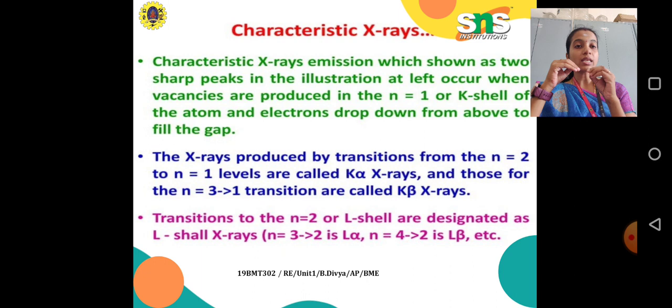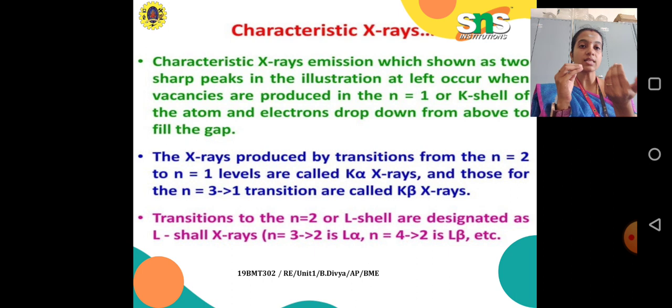Transitions to the n equals 2 or L shell are designated as L shell X-rays, where n equals 3 to 2 is L alpha and n equals 4 to 2 is L beta.